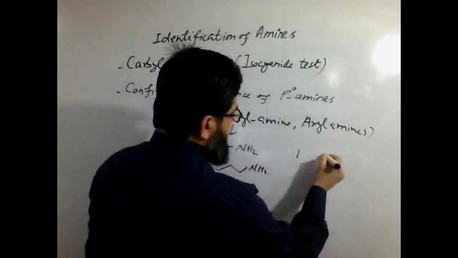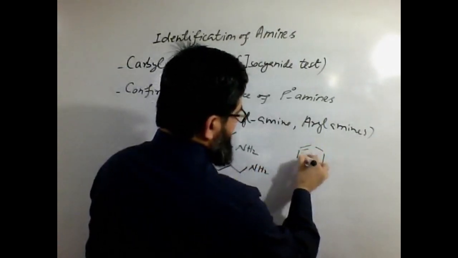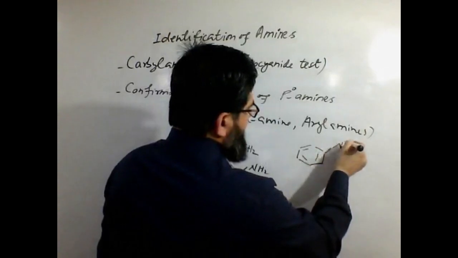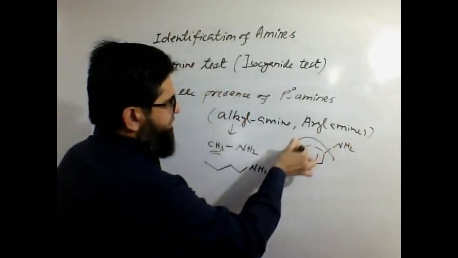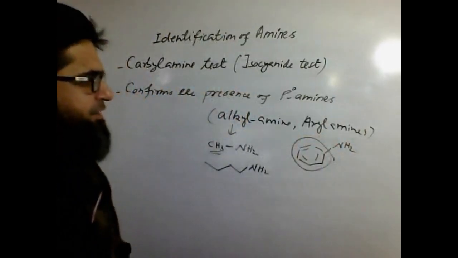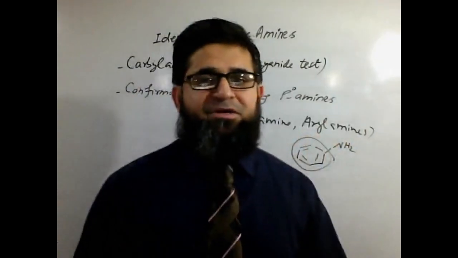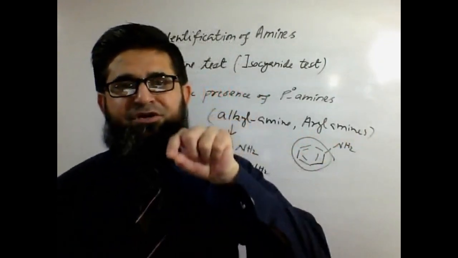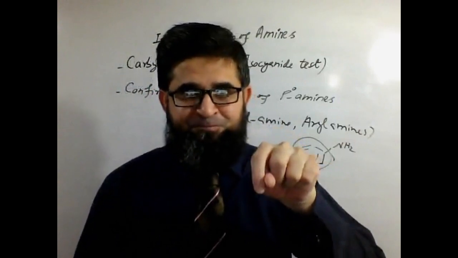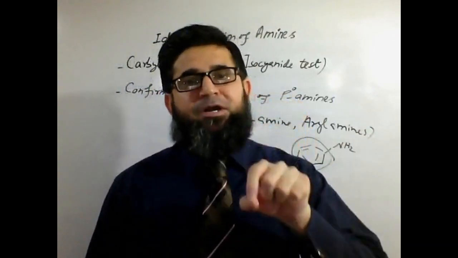Aryl amines, one very prime example is aniline, meaning the presence of an aromatic ring. Both alkyl amines and aryl amines can be confirmed by using the carbylamine test.